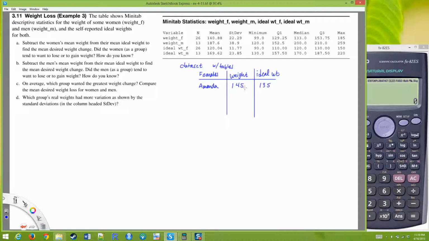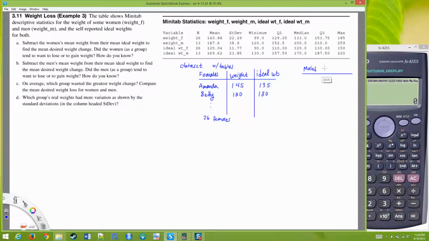That would be her current weight and her ideal weight. And maybe there is Betty, who weighs 130 and her ideal weight is 130. And so on and so forth, for a total of 26 females.